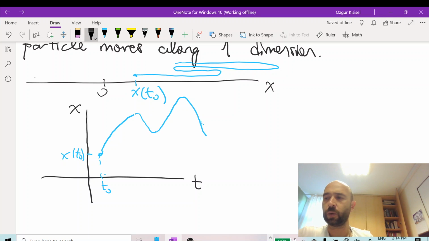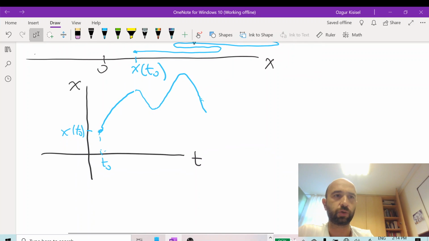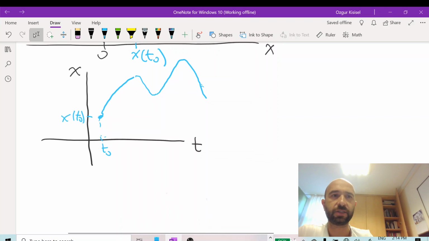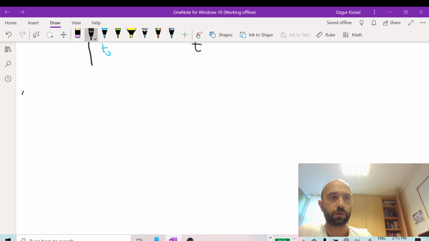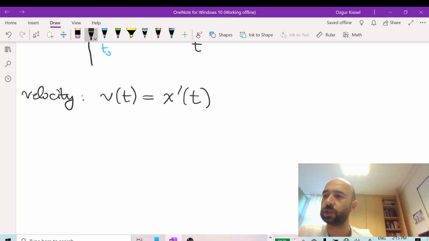Now the rate of change of the position is something which is used in physics a lot. That's the velocity. Its definition is, v(t) is simply the time derivative of the position.